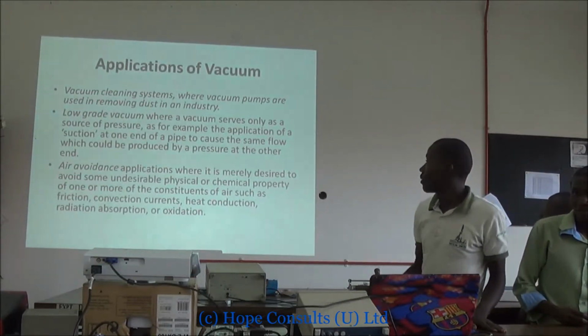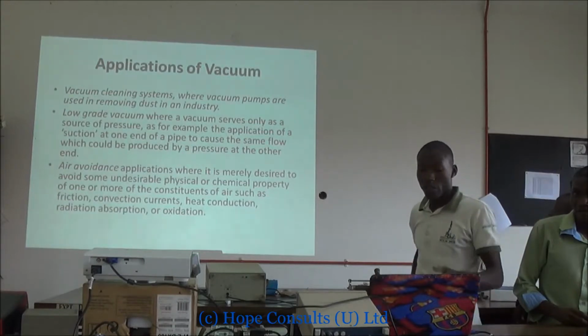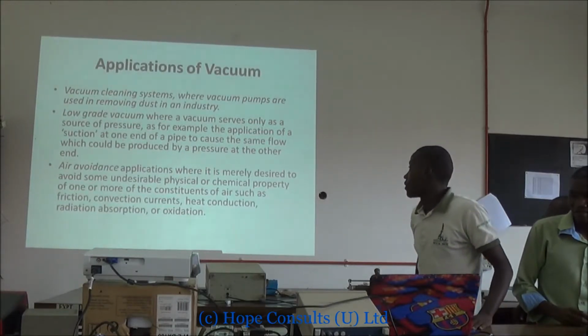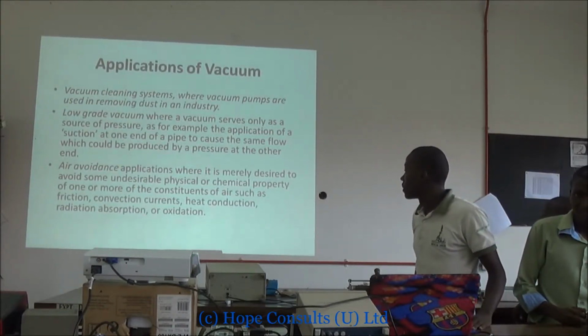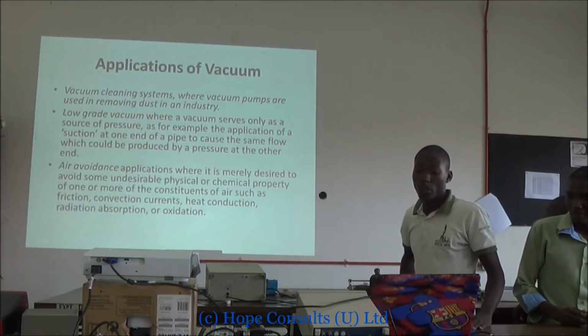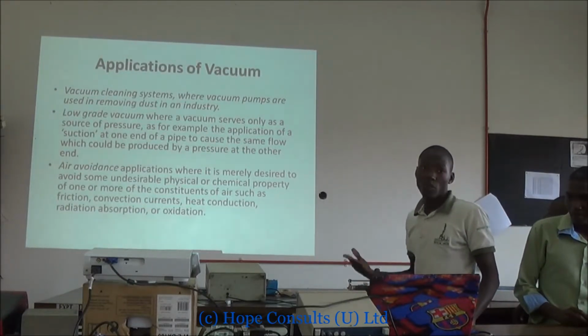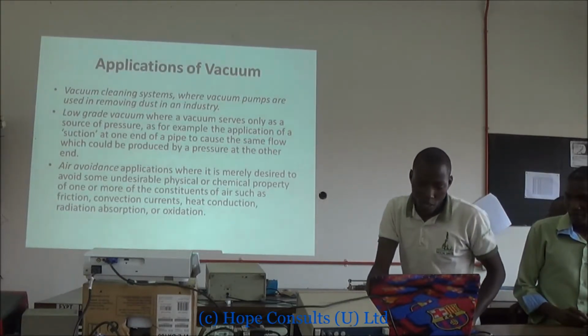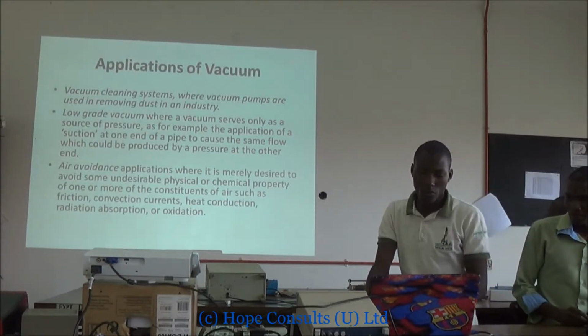I think we have seen some of them. We shall show them during the videos we have, whereby some people are using vacuum systems to clean, as in to remove dust from those machines. So that is one of the applications of the vacuum system, because the vacuum system helps to create that vacuum, which again brings about pressure and then cleaning that dust off that machine.